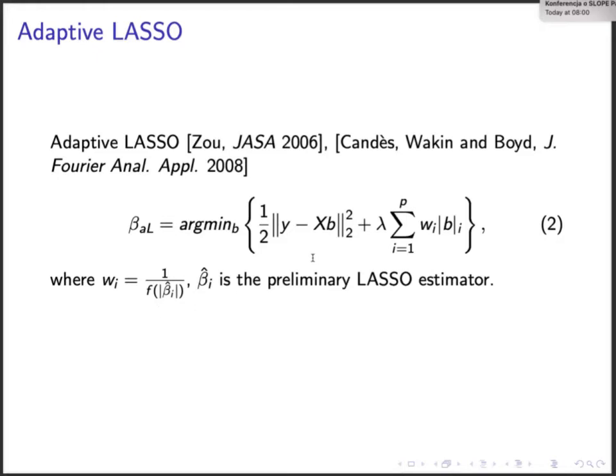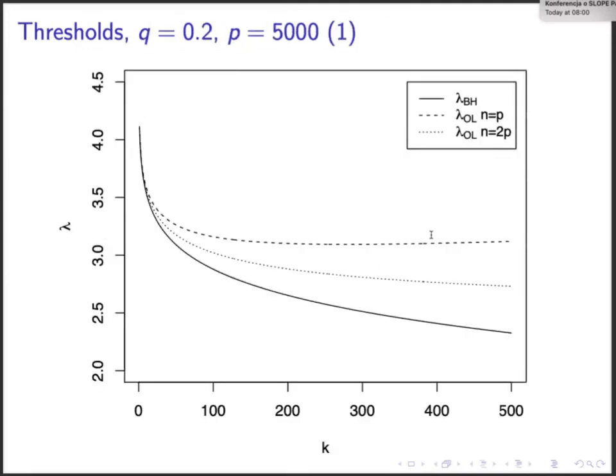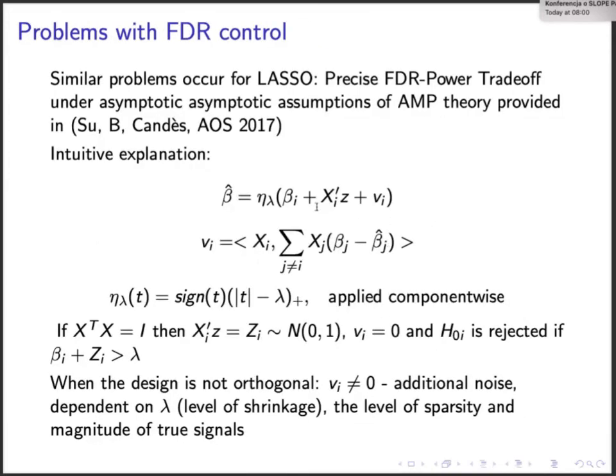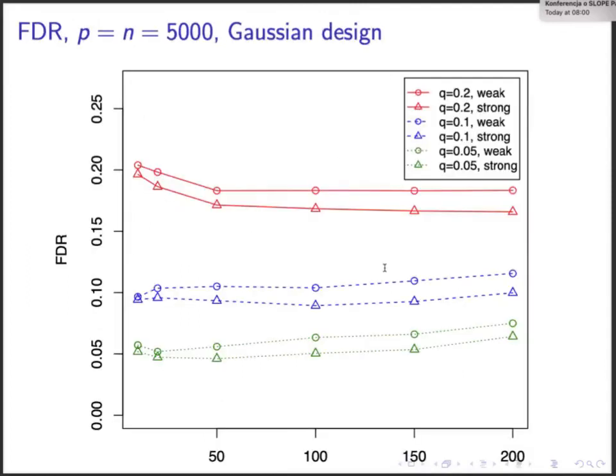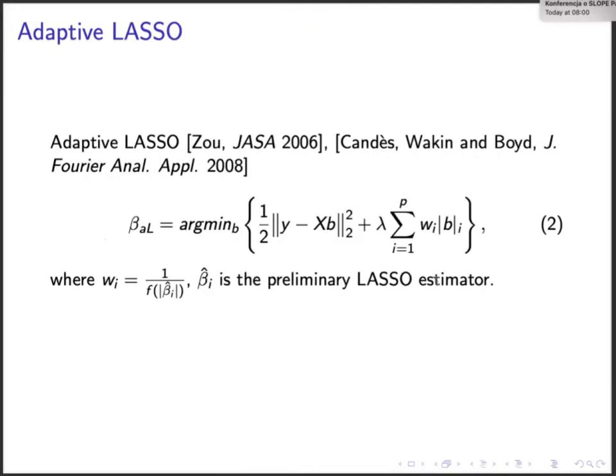Now it has been proved that when you use adaptive LASSO, the range of models which LASSO can find is much better. By weighting, you make this term smaller. You reduce the bias, and you don't generate so many false discoveries.